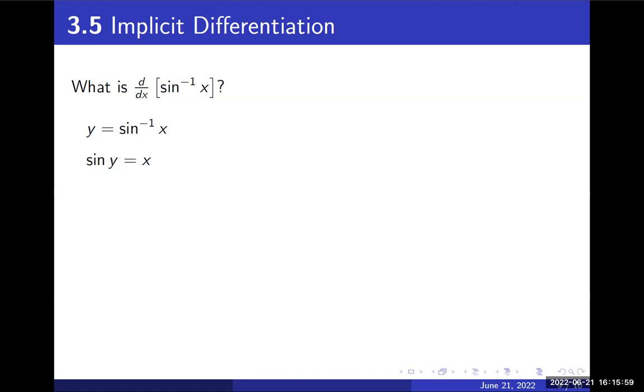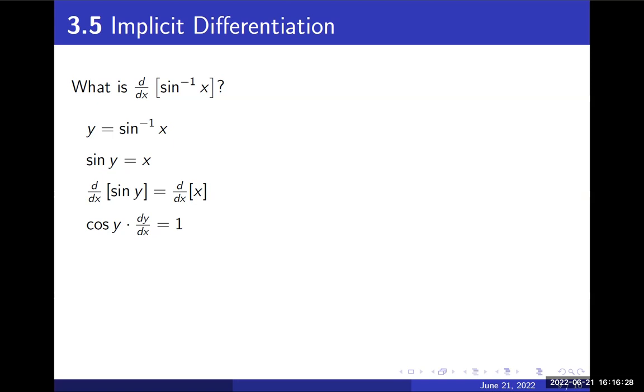Okay. Now notice we can take the derivative of both sides. We're able to find the derivative of sine y. If we apply a d over dx to both, and then use implicit differentiation on the left, it would give us the cosine of y times dy over dx, and that would equal the derivative of x, which is just 1.